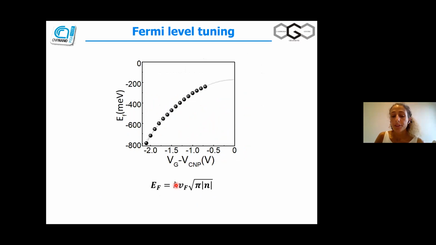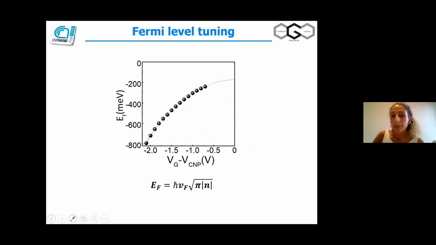From the fit of the step-like function, we determine the Fermi level, which with moderate gate voltage of less than 2 volts reaches large values of the order of 800 milli-electron volts. From this plot, we can see that the single-layer graphene in this case has a residual doping at the charge neutrality point, which can be ascribed to charge impurities in the dielectric core at the interface with graphene.